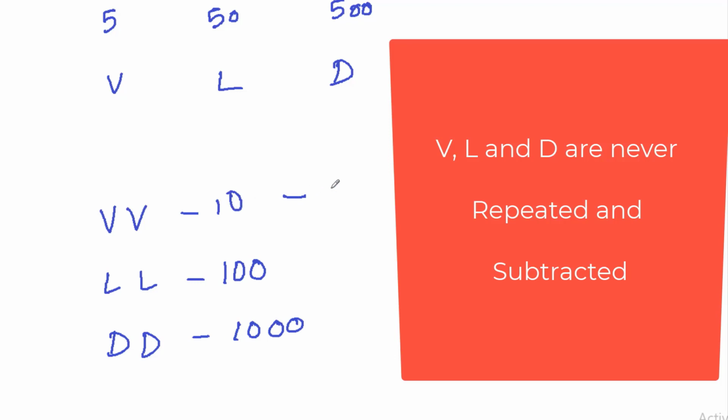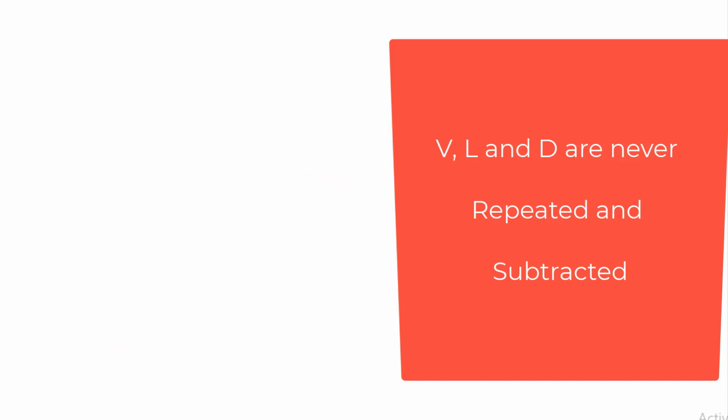But for 10 we have another symbol, that is X, for 100 we have another symbol, that is C, and for 1000 we have M. As we have another symbol, we should not repeat this way. Yes, we should not repeat V, L, D. Also we should not subtract. Why we should not subtract means, for example, 10 minus V. What is the value? 10 minus 5 is 5.